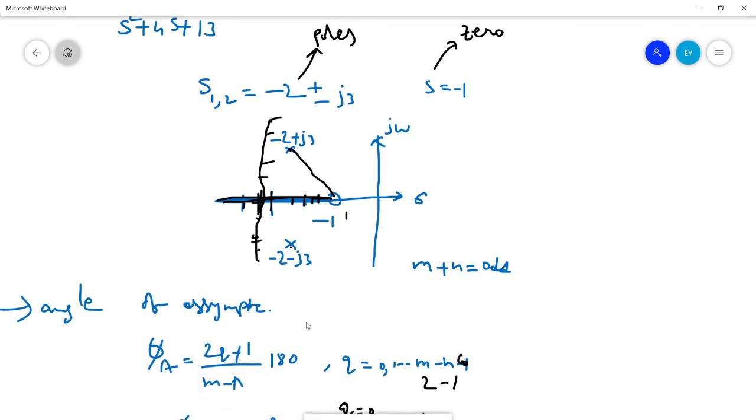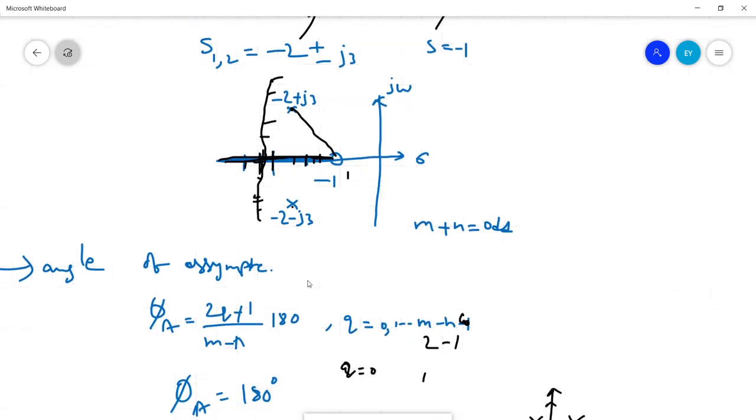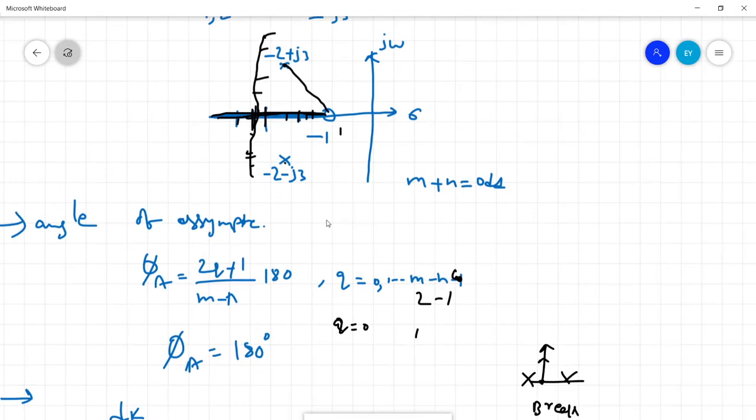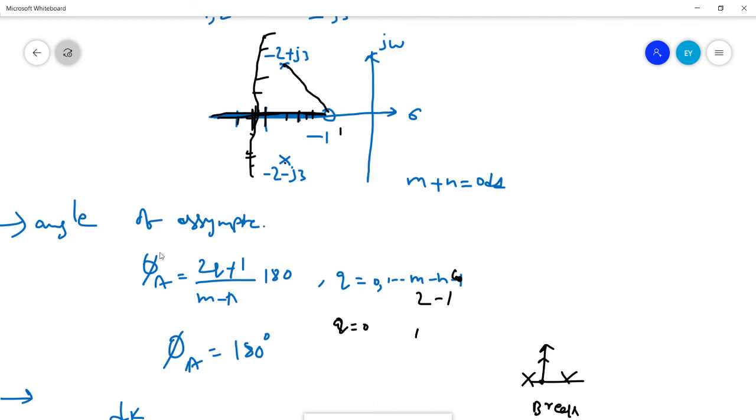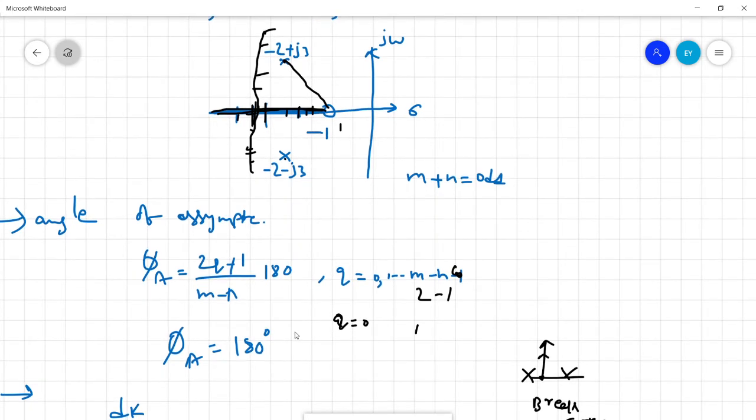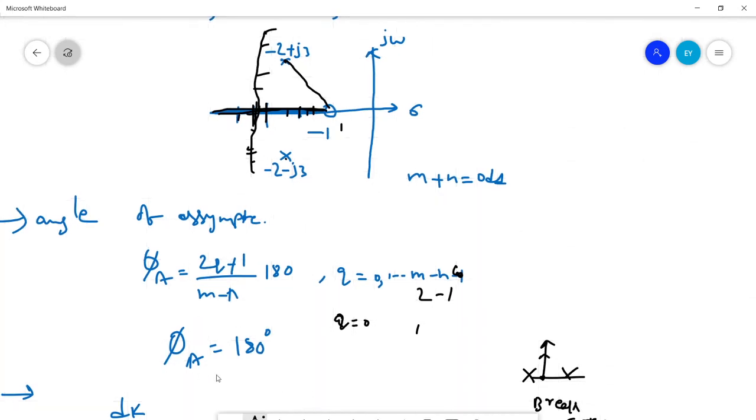Next thing is the angle of asymptotes. The angle it will make with respect to the real axis is (2q + 1) divided by (m - n) times 180 degrees, where q = 0, 1, and so on up to m - n. We have 2 poles and 1 zero, therefore we need to consider only one angle of asymptote. Once you know the number of poles and zeros, you understand how many asymptotes you get.